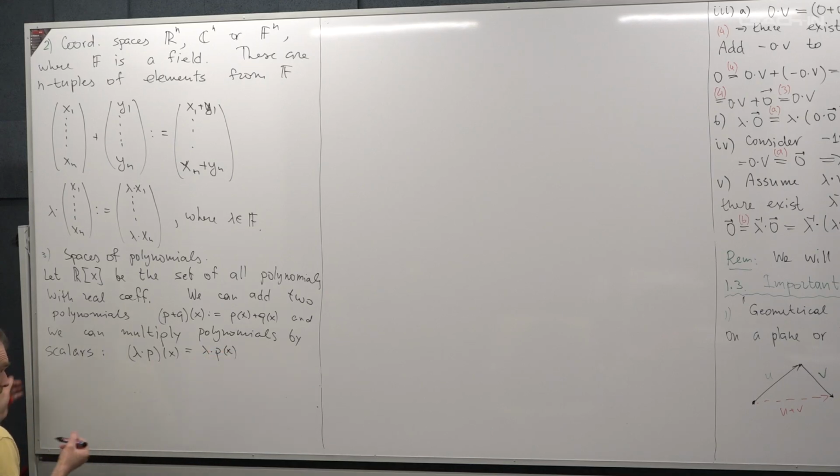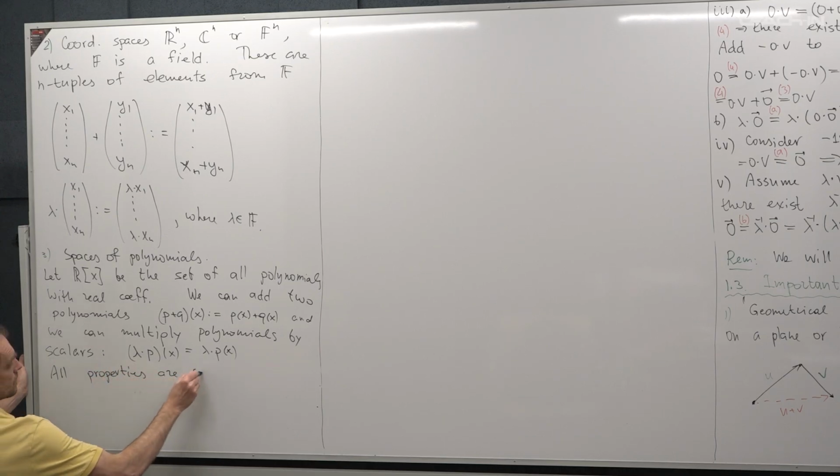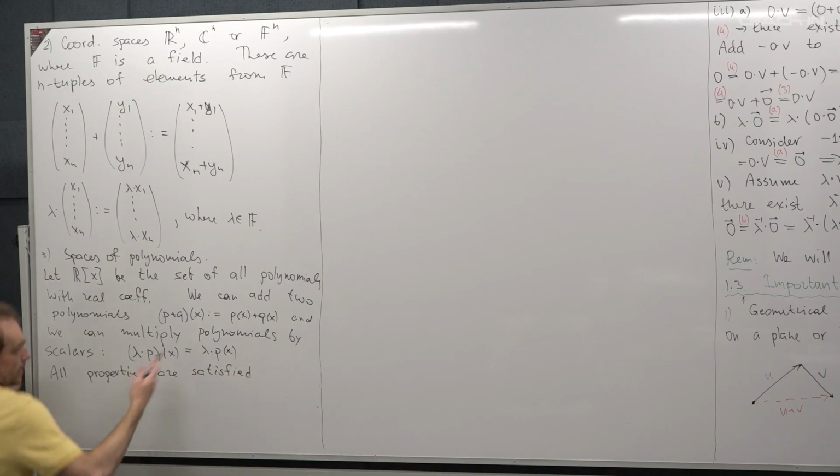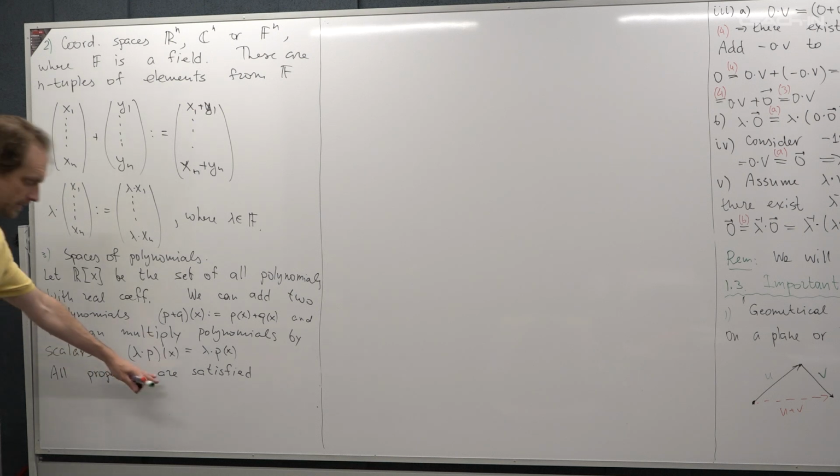So all the coefficients of this polynomial are multiplied by the same lambda. And so obviously all properties are satisfied, just because they follow from the properties of real numbers. All properties, I mean all properties in the definition of a vector space.